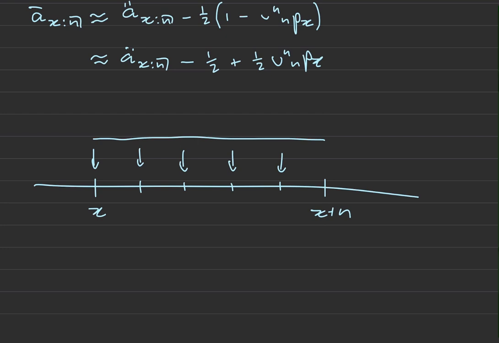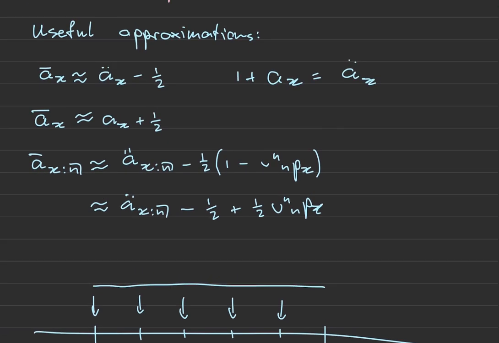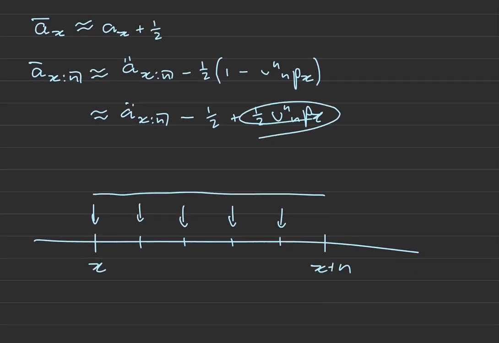If the person dies within the term, so between ages x and x plus n, we understand why we should subtract this half, because of the same logic that we subtract the half over here. So why do we add this half v to the n npx?